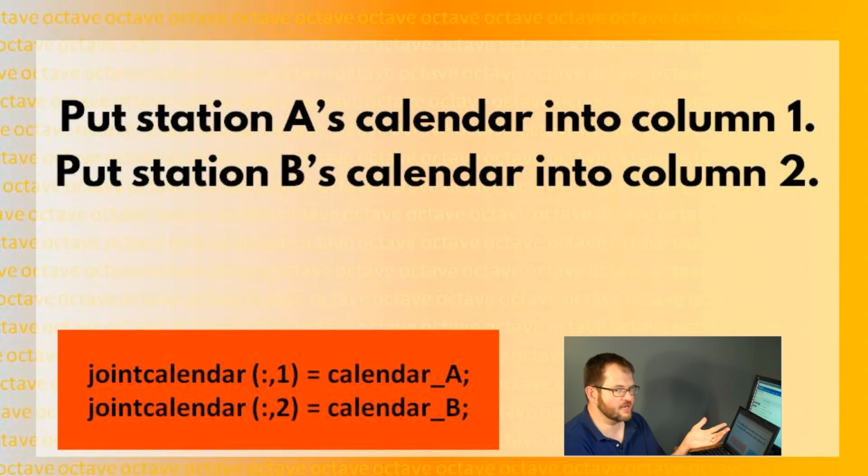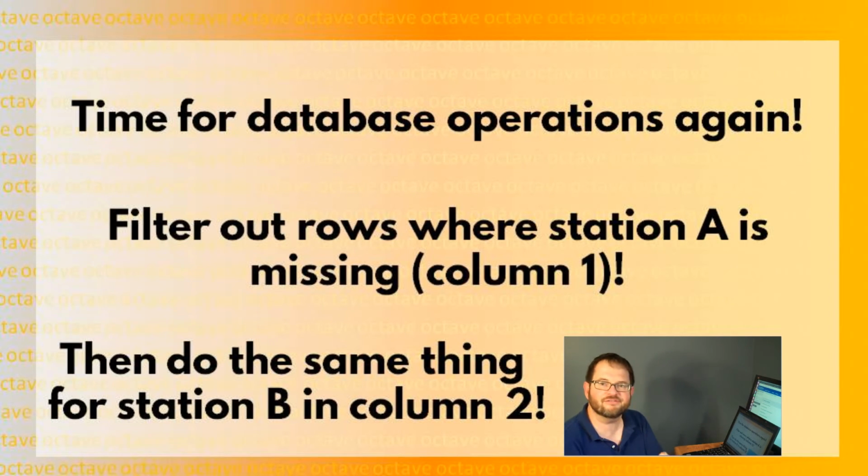It's mostly 999s, but we're getting good at those database operations and those logical indexings. Let's go ahead and get rid of all that stuff. First, filter out all the stations where there's no data in the first column, because either that's not January or there's missing data from station A, which happens to be Howells in this example. And then do the same thing, filtering again for station B. So now you have filtered out everything that's missing.